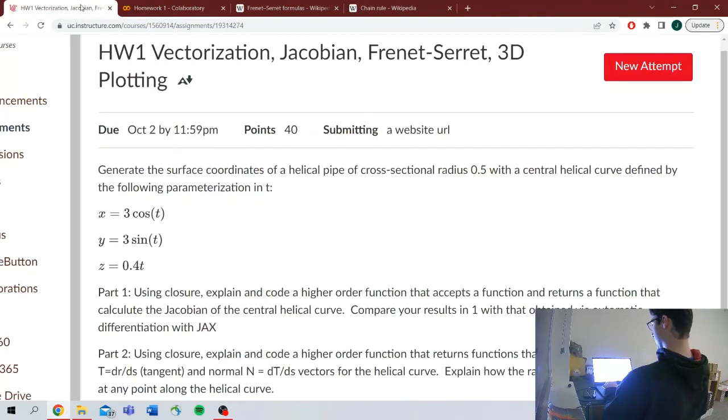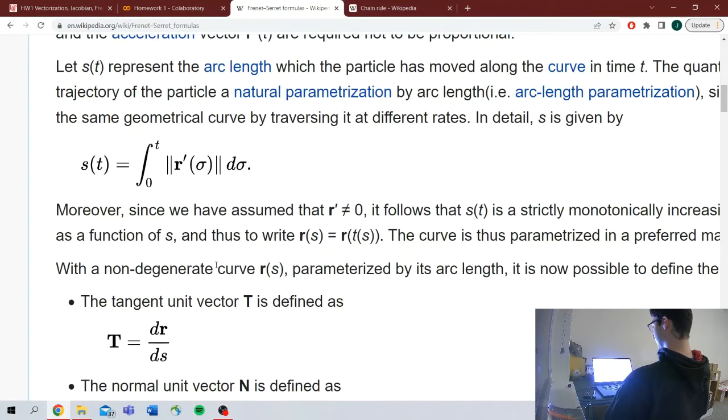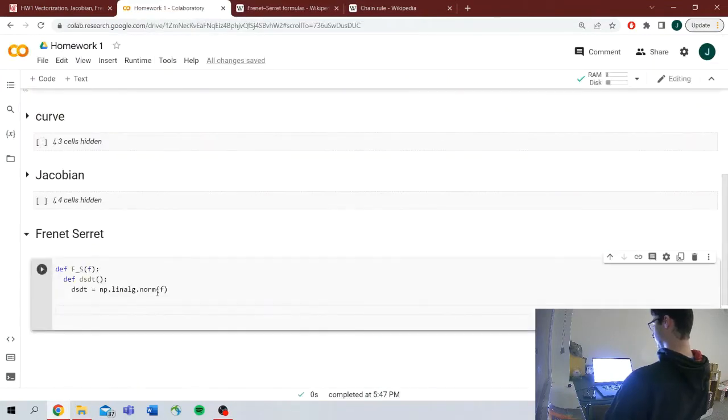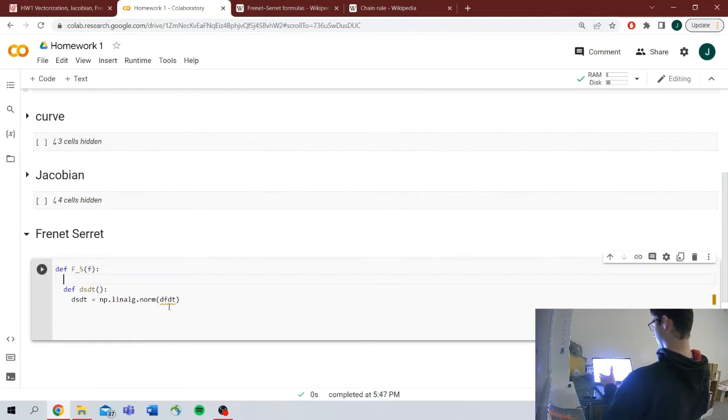Then what we're going to need is, oh, excuse me, I just noticed that this is actually our prime. So this is actually going to be df dt, isn't it? Which means we should probably define what df dt is.